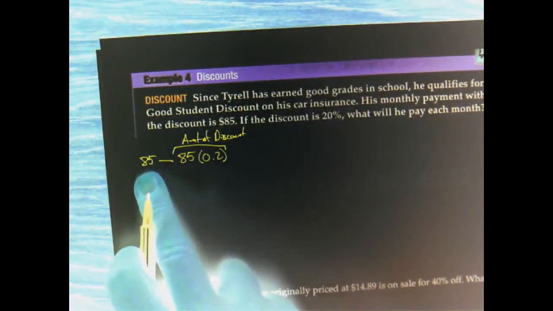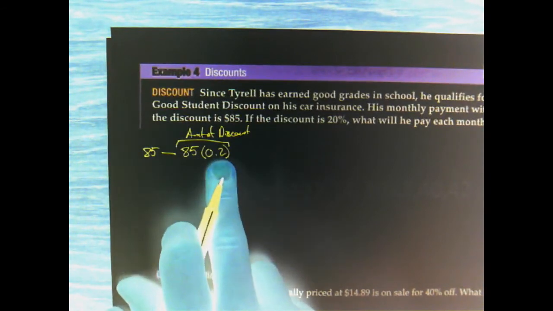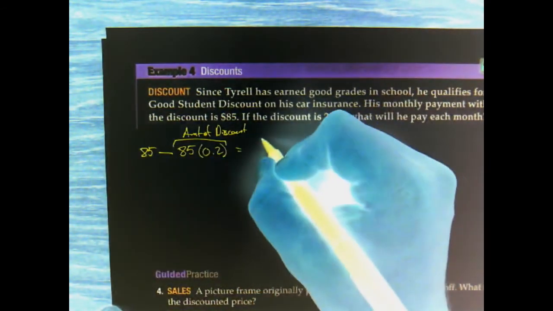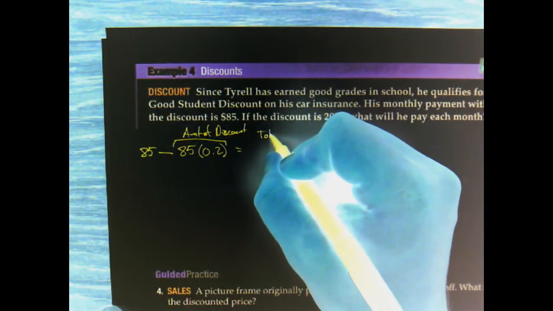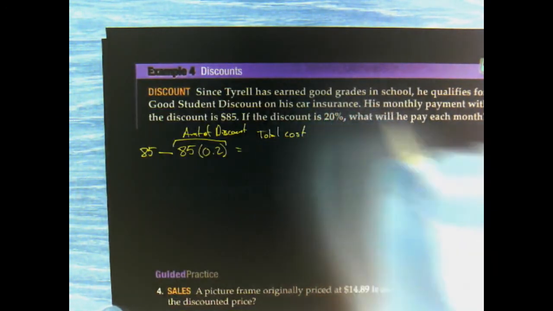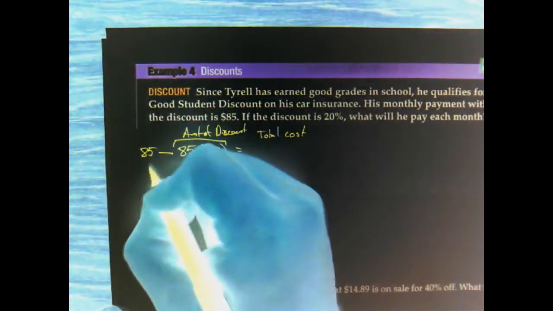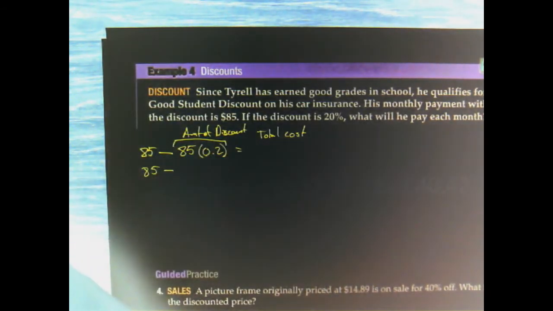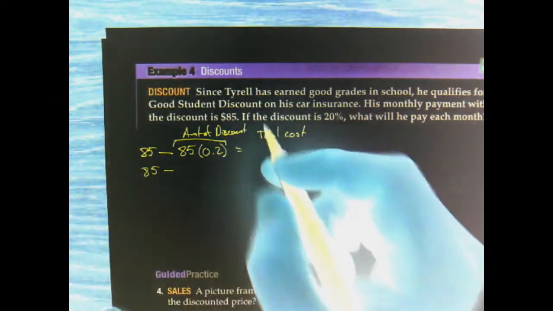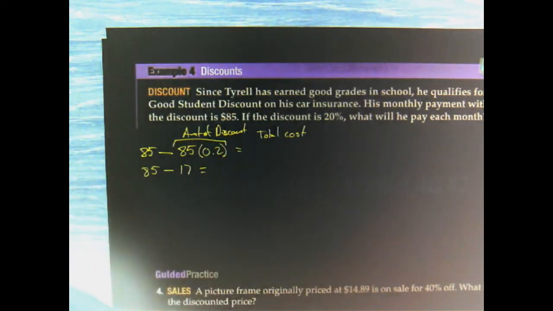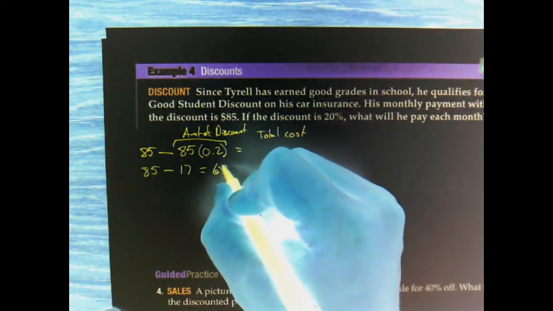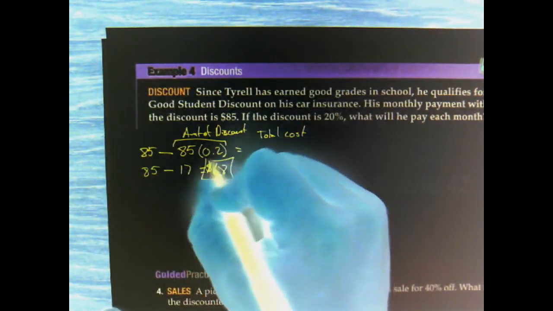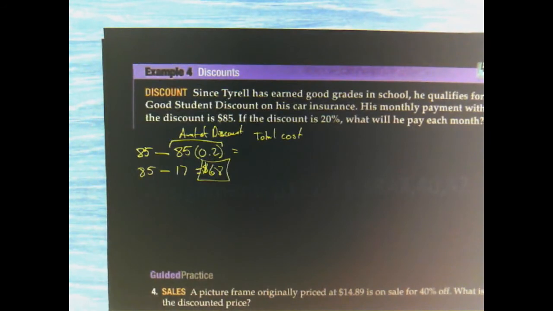So I take $85, the original amount, subtract the amount of the discount, and that will get me my total cost. Okay, so 85 minus 85 times 0.2 is $17. Okay, 85 minus 17 is equal to $68. So, nothing too difficult there. Calculate the discount, subtract it from the total.